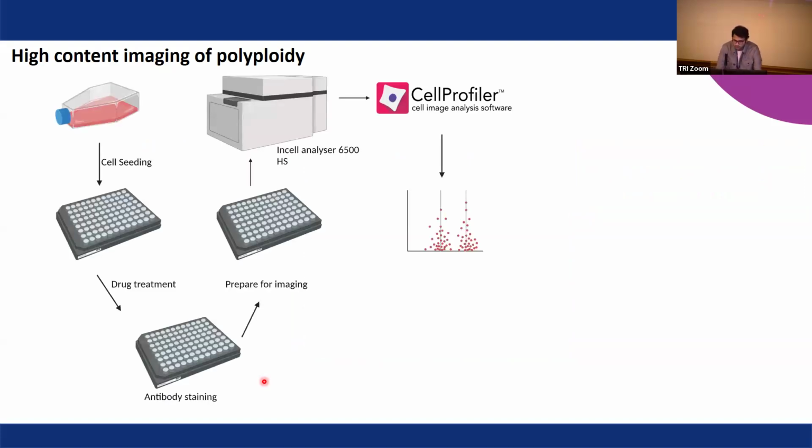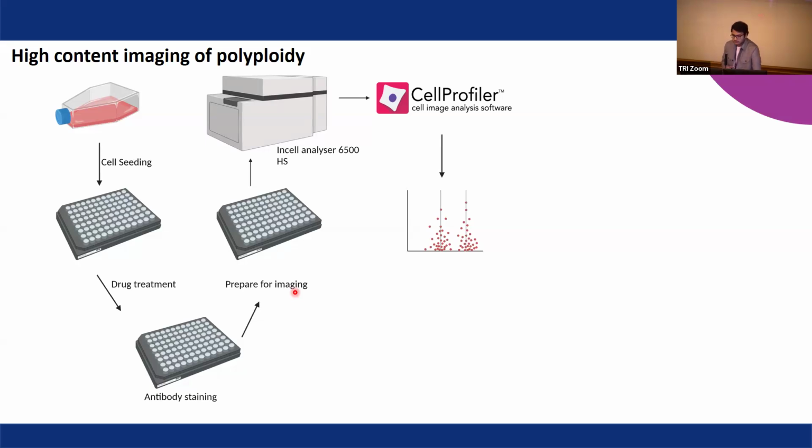The kind of imaging that I do is high content imaging. So the pipeline of this is that after seeding and treatment, the cells can be fixed, and then we can perform antibody staining on these cells and then image them in high content imaging microscopes such as the InCell Analyzer 6500 HS. I have also used this for short-term live cell imaging, and it works really well.